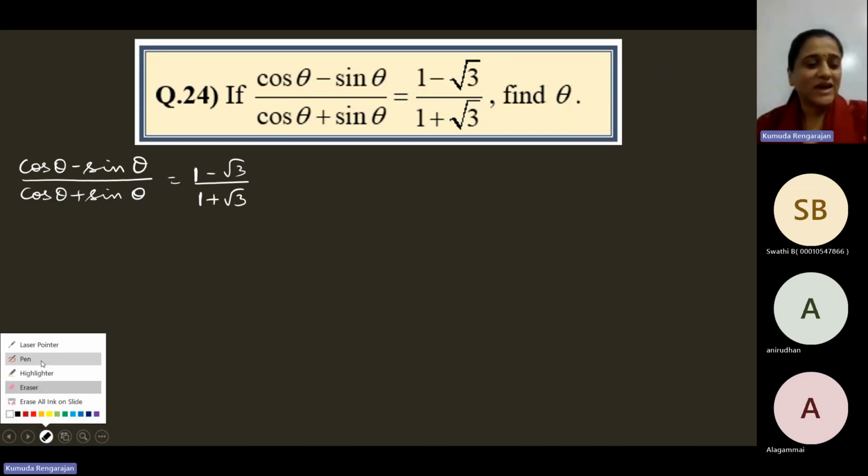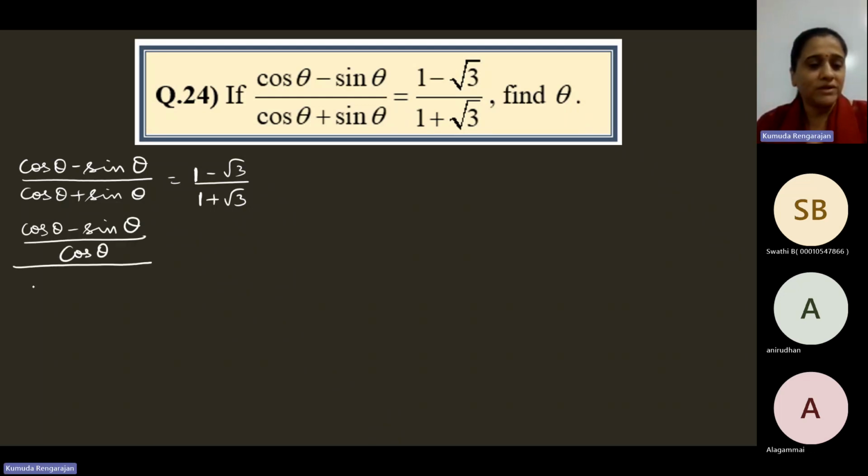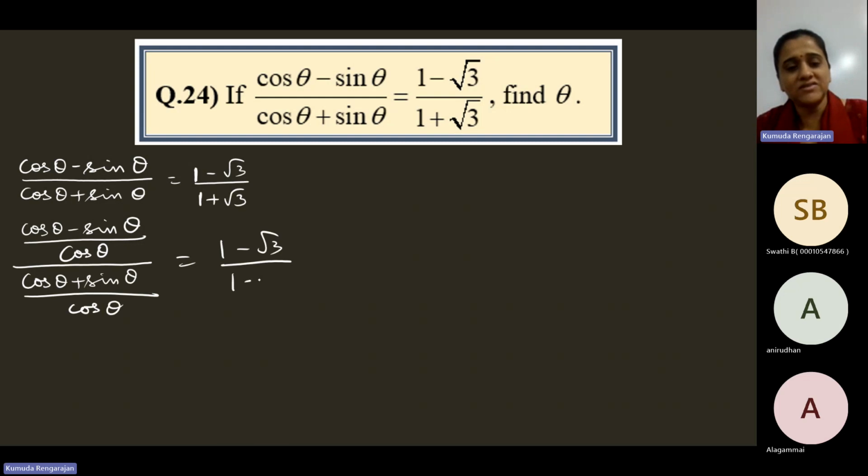If you divide the numerator and the denominator by cos theta. Now here when you divide, what does it mean?